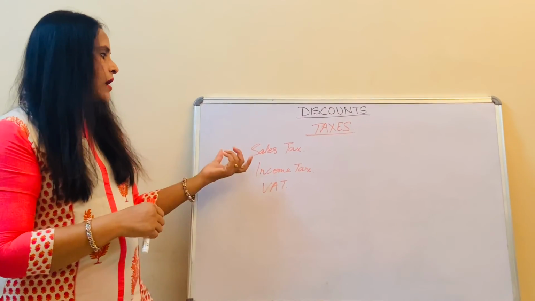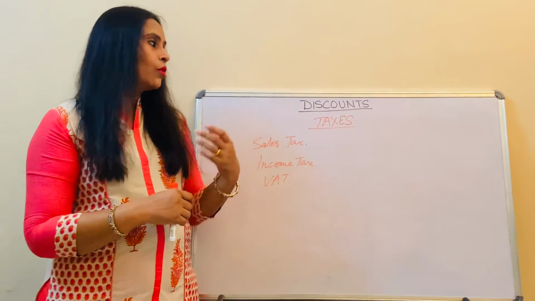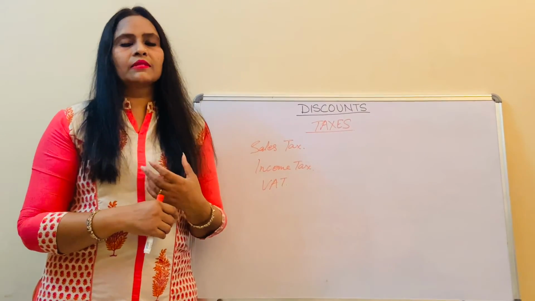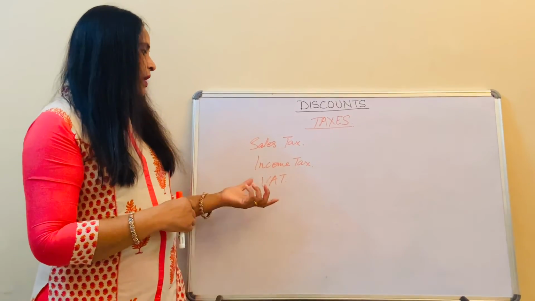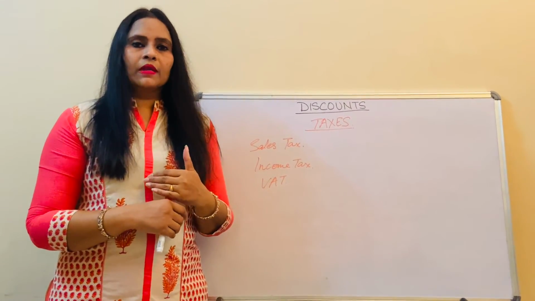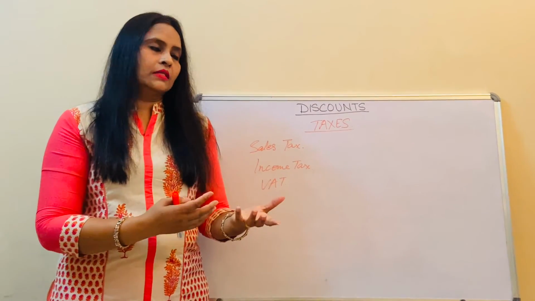These taxes are different on different products: luxury products have more taxes on them, and daily need consumption items have less tax on them. These are collected for the government by the shopkeepers from the customers, and they deposit these taxes with the government.